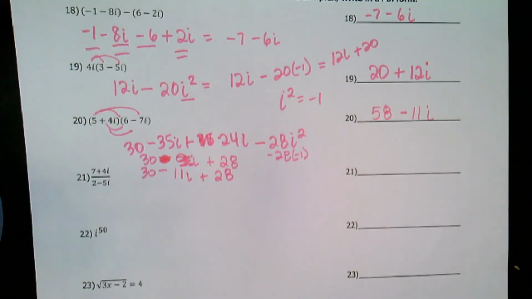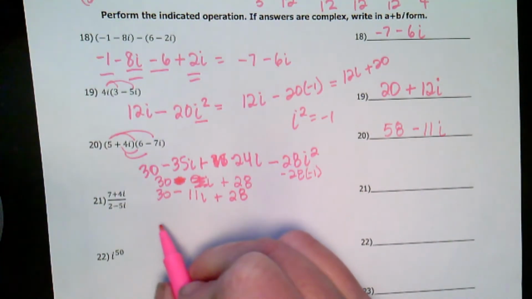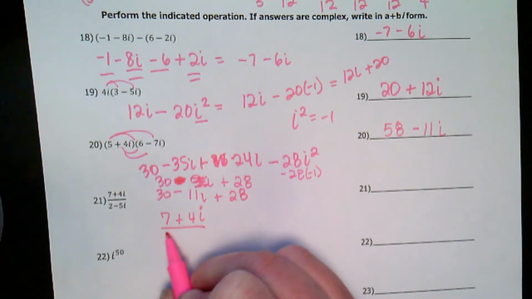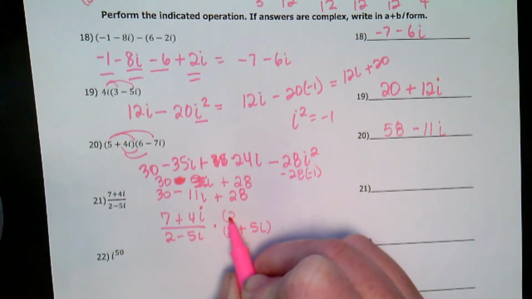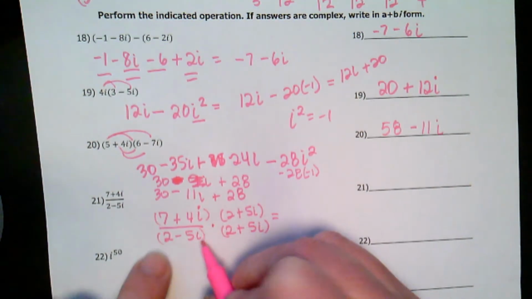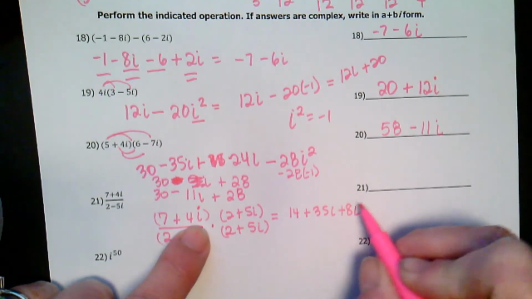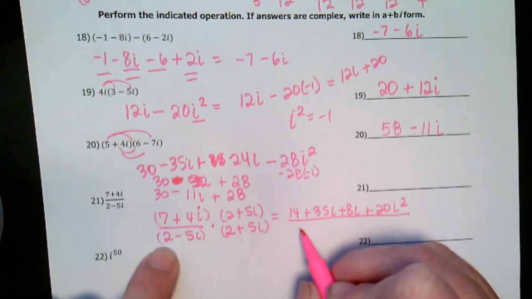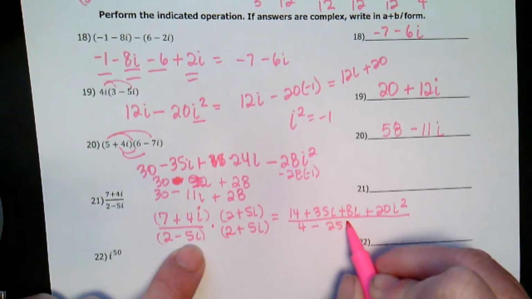Alright, 21. The only way we can simplify that is to rationalize our denominator. So that means we're going to multiply by 2 plus 5i. When I do that, we'll do the top first. 14 plus 35i plus 8i plus 20i squared. Our bottom is 4. The insides will cancel out, and then we just do our last squares.